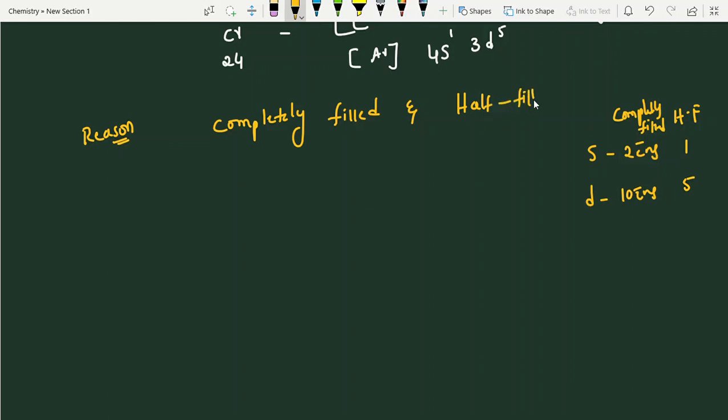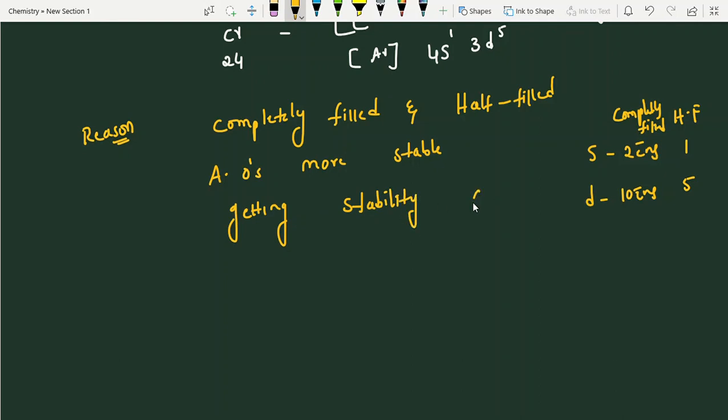Completely filled and half-filled atomic orbitals are more stable, getting stability. Chromium and copper show anomalous configuration. Anomalous is nothing but something different.